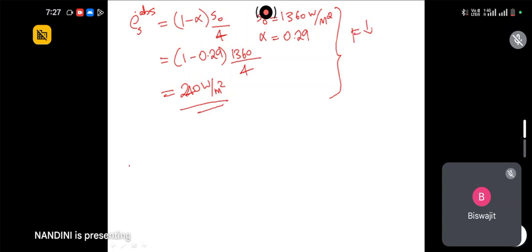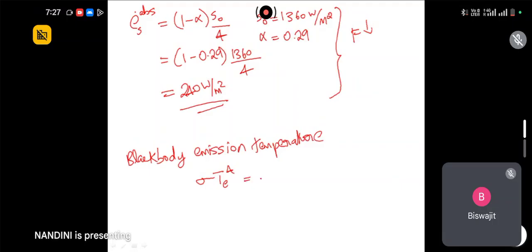After it reaches the surface of the Earth, it starts re-emitting. The black body emission, sigma T_e raised to 4, should be equal to E_s absorbed at equilibrium. This is the basic idea: whatever is incoming should be going out as well.